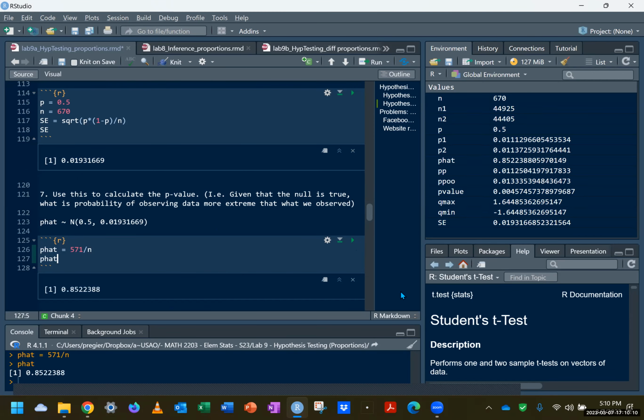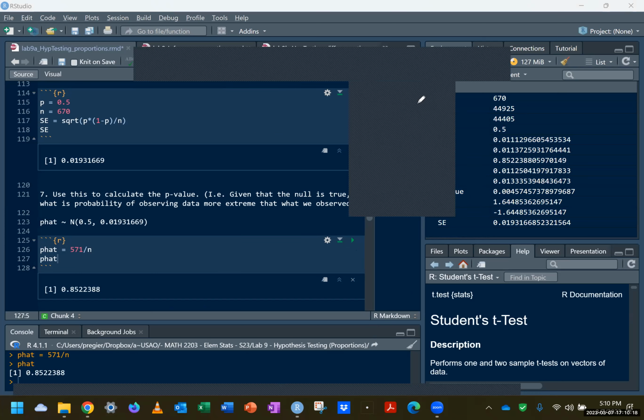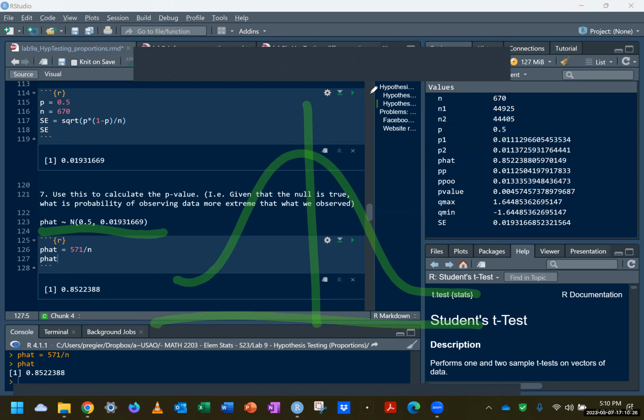Okay, so I'm going to make a pretty sketchy drawing because I don't have my pen on me. But let's make it green. So this little bit of information here tells us we have a distribution that's got mean 0.5. That's our null hypothesis.